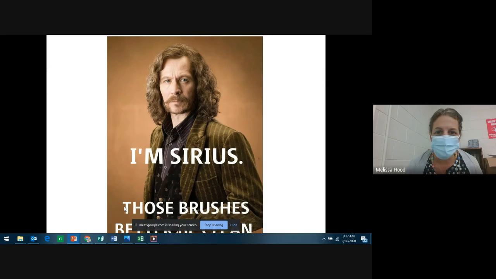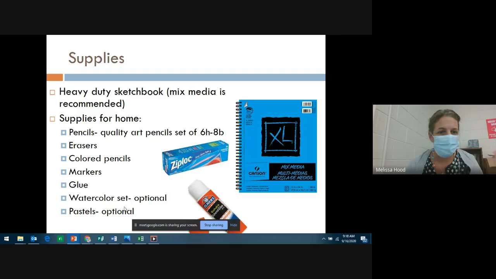This is just a silly meme for them. All of the supplies we are already good on. I think everybody's good with their sketchbook. If they do want to tote supplies back and forth, it might be good to have some type of freezer bag or pencil case. Or if they don't want to bring things back and forth, then it would be good to have at home pencils, erasers, colored pencils, and or markers, maybe a glue stick, a cheap watercolor set.